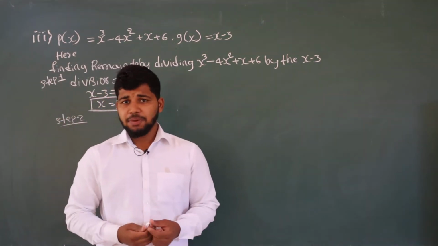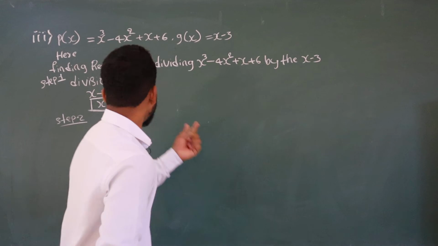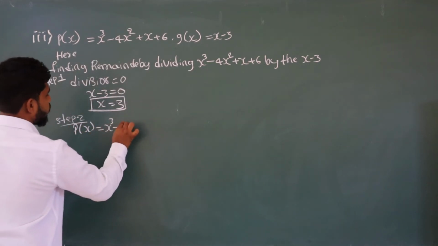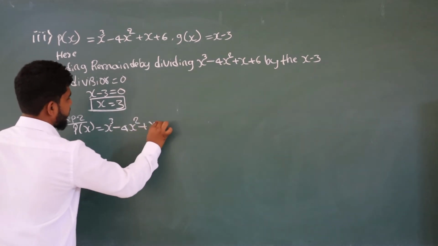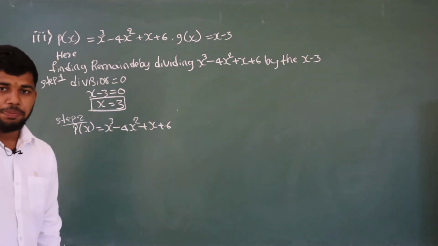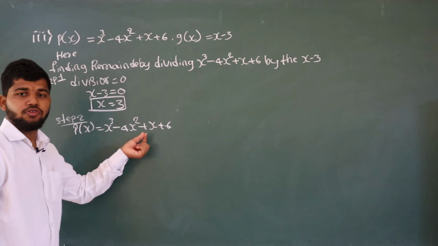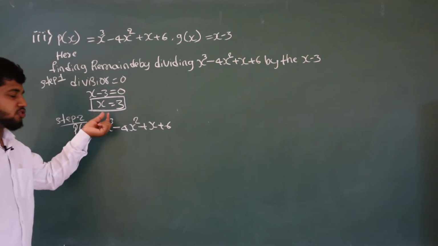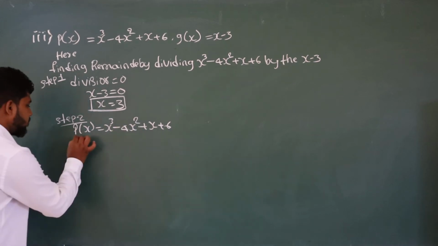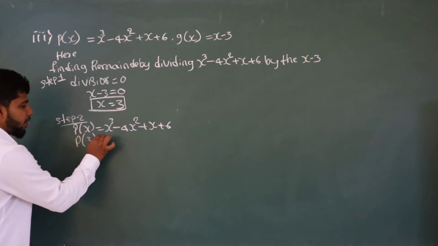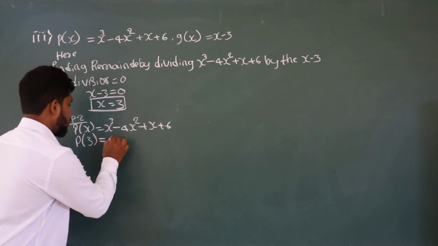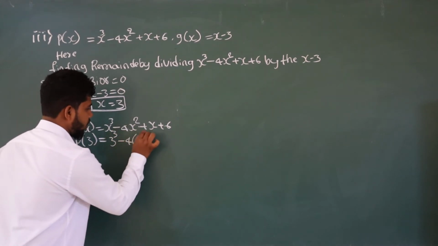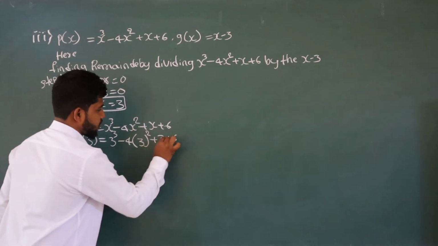Now step 2. Already we know that p of x is given. P of x is equal to x cube minus 4x square plus x plus 6. In the place of x, we already know the x value, x is equal to 3, so we have to use 3. Now 3 cube minus 4 into 3 square plus 3 plus 6.